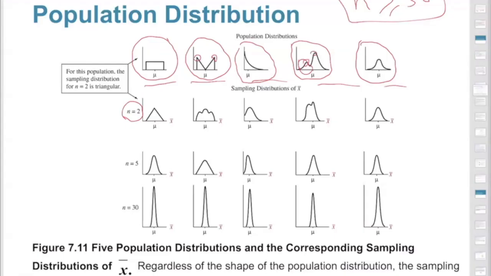Look at the distribution of X bar after you calculate X bar for all these samples: you will find the distribution becomes a triangle. So from the uniform or rectangle distribution, after you take all possible samples of size 2 and calculate X bar for all of them, you find the histogram is a triangle like this.